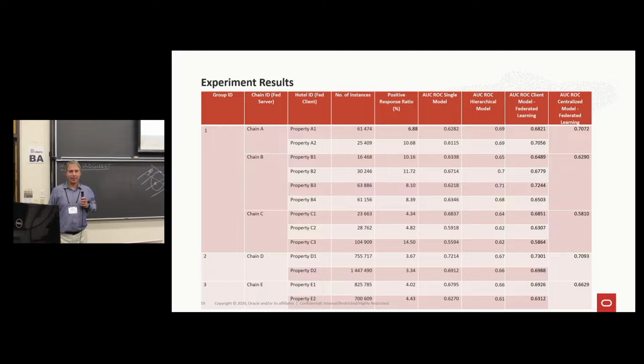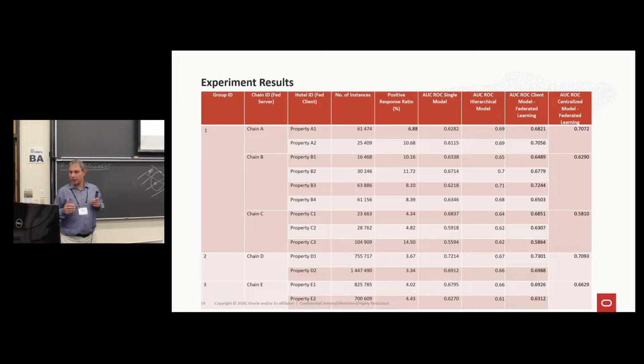Even for a single client, if you do federated learning, you're using data from other properties, aren't you? Yes. For the federated, I can actually tell you, the data here is not exactly what I described before. It combined properties from the same chain only. So this comparison is hierarchical model versus federated learning.